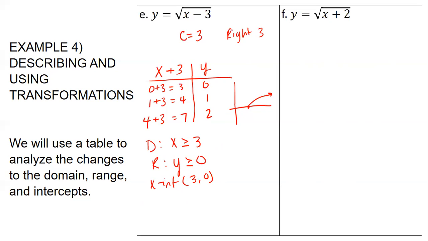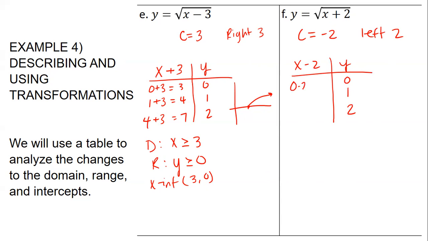Easy enough? So here, C, our x's are a liar, is actually -2, which means we want to move to the left 2. If I want to move my x values to the left, that means I am subtracting them. So we have x minus 2. So to every x value of the parent function, I'm subtracting 2, but the y's are unchanged.